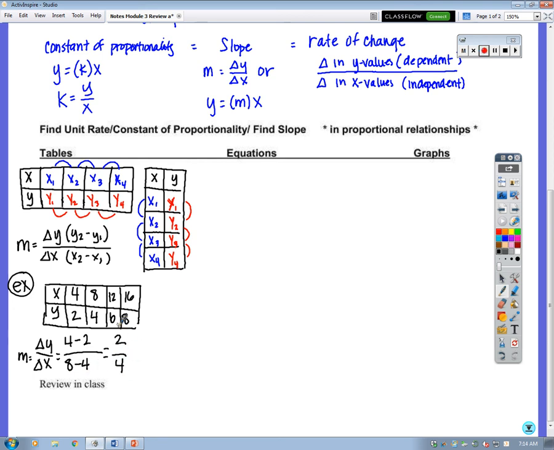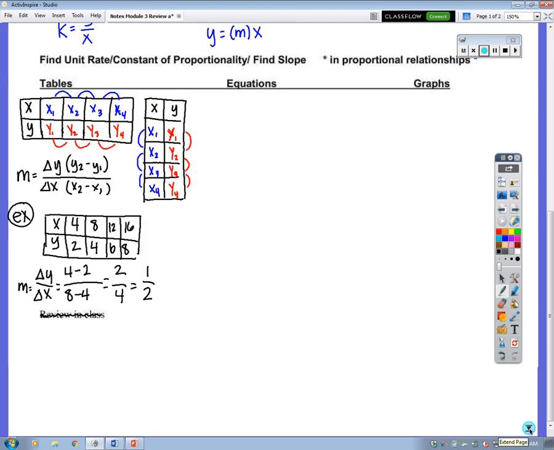So my slope, my rate of change, my constant of proportionality is 2 over 4. And that simplifies to 1 over 2. So my slope would be 1/2. I would write that in an equation as y equals 1/2 x.